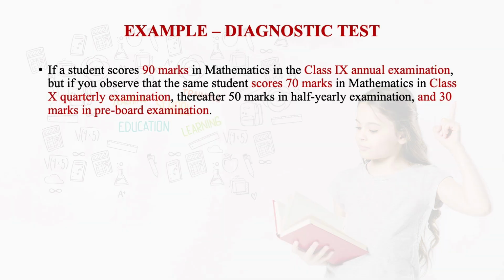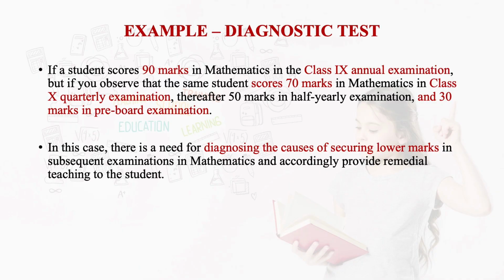An example we can discuss here: if a student scores 90 marks in mathematics in class 9th annual examination, but as a teacher you observe that the same student scored 70 marks in mathematics in class 10th quarterly examination, then it becomes 50 in half yearly examination, then it further reduced and becomes 30 marks in pre-board examination.